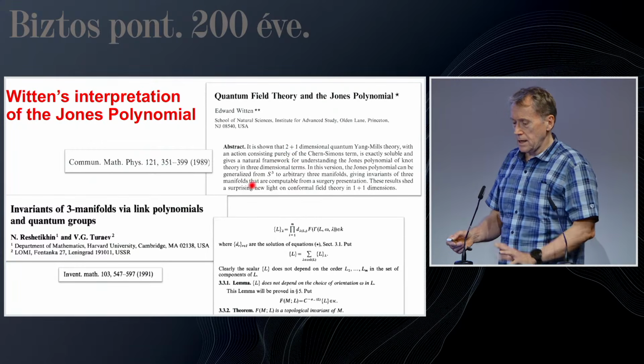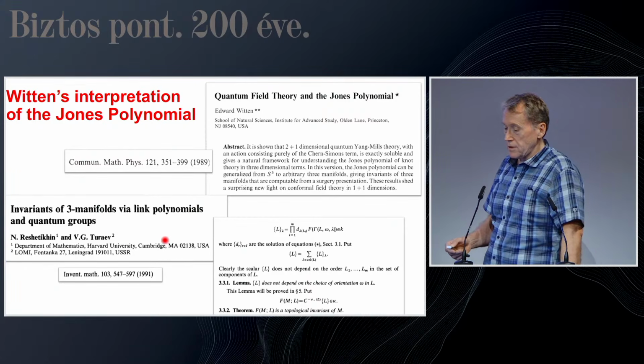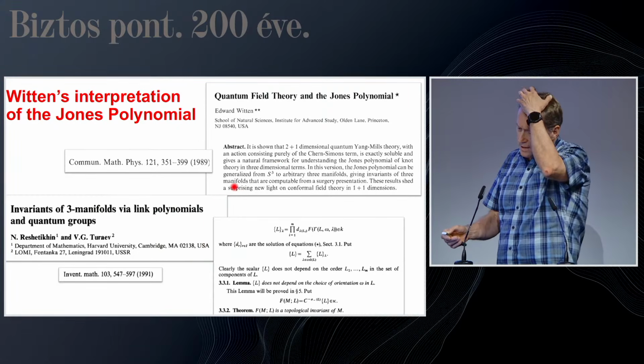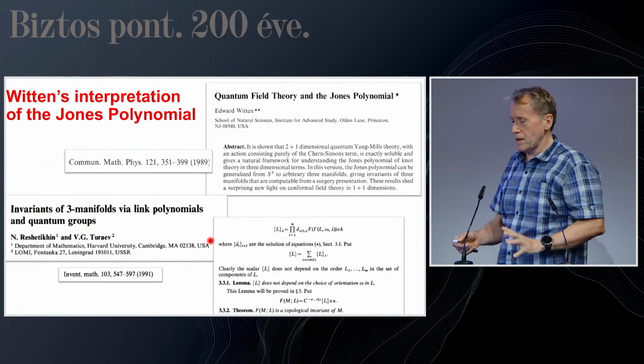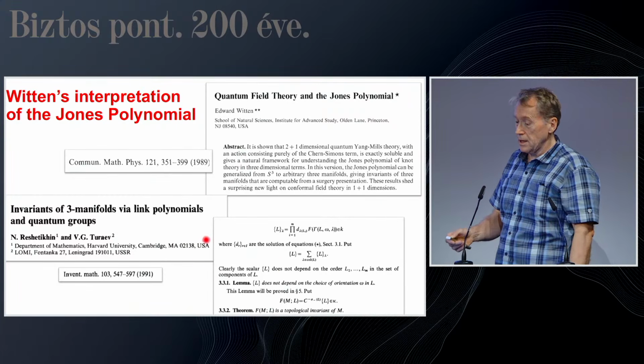In a little over a year, Reshetikhin and Turaev figured out how to make a rigorous definition of what Witten suggested, and it's still a very active part of mathematics to really connect these two pictures. This is purely combinatorial.